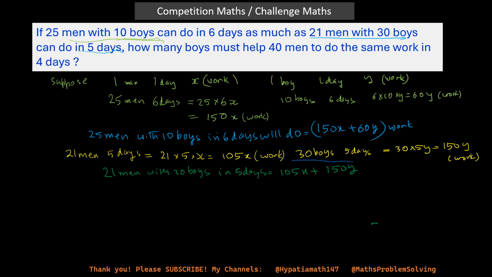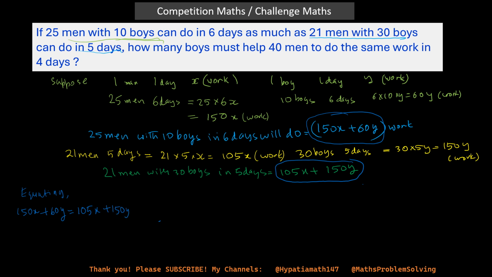Now these two amounts of work are the same, they're equal. So I can write, equating, 150x plus 60y would equal 105x plus 150y.